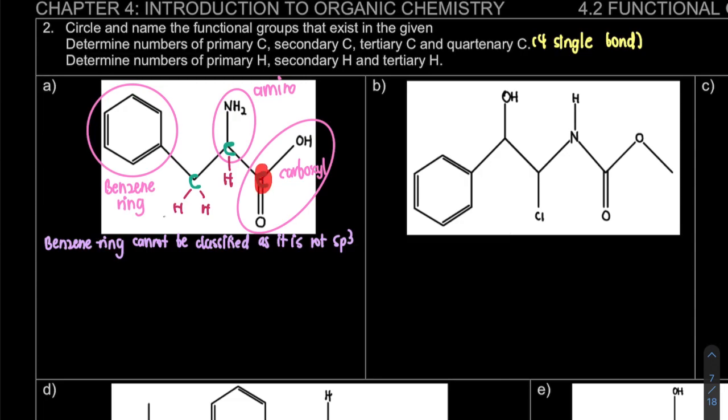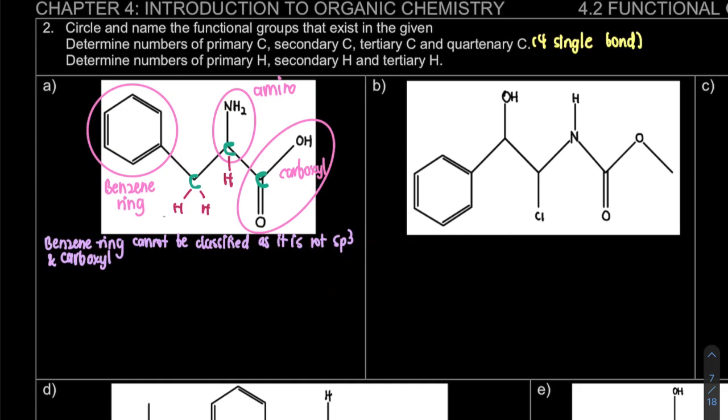Can this carbon be classified? Remember, it needs to be sp3. The simpler words for it is 4 single bonds. So this one also cannot be classified. The benzene ring and the carboxyl. You don't have to write down the reason for it. I'm just writing it so that you won't get confused.